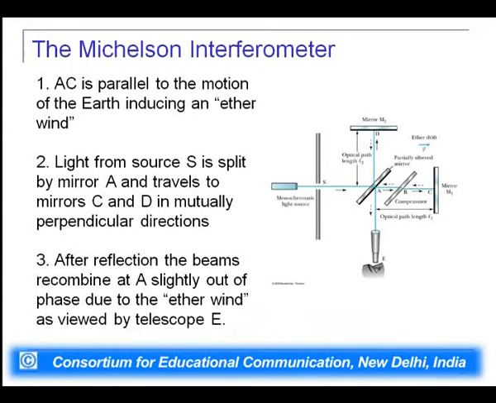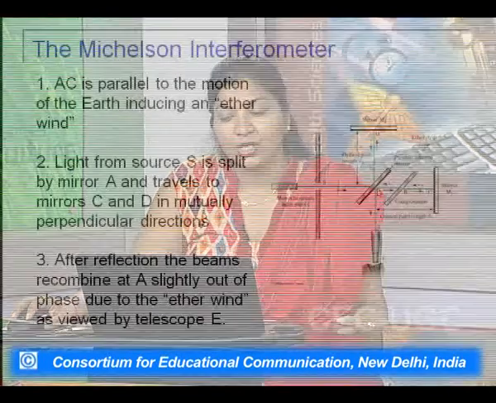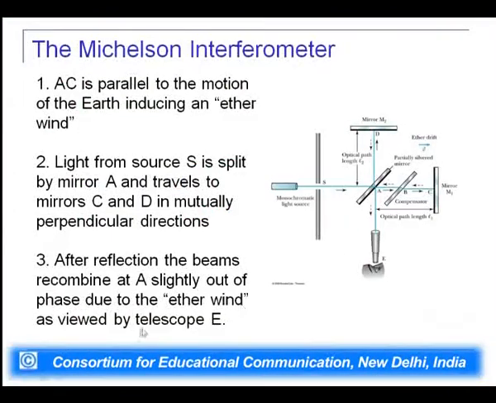After reflection, the beam recombines at A. Again there is a reflection and it comes to point A slightly out of phase due to the ether wind, as viewed by E, and these two rays produce the interference pattern in the microscope.